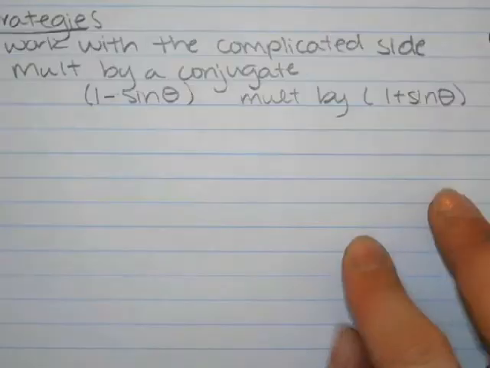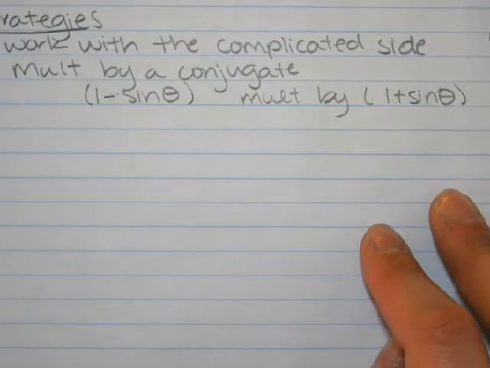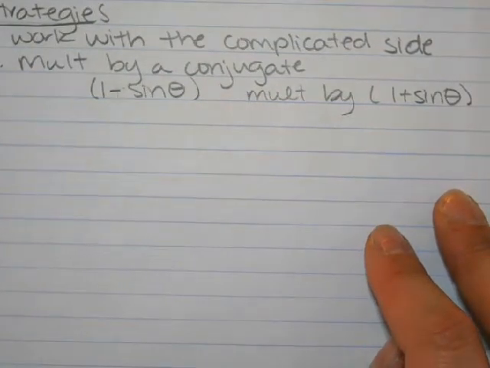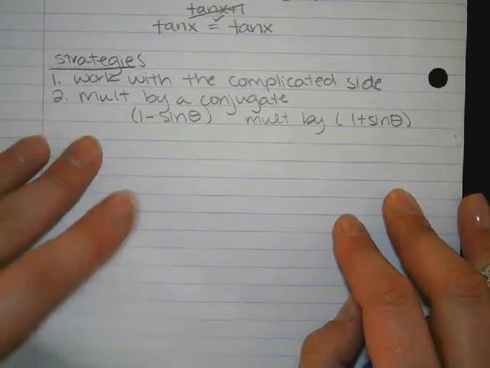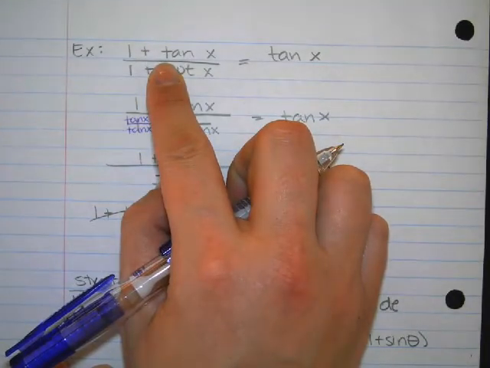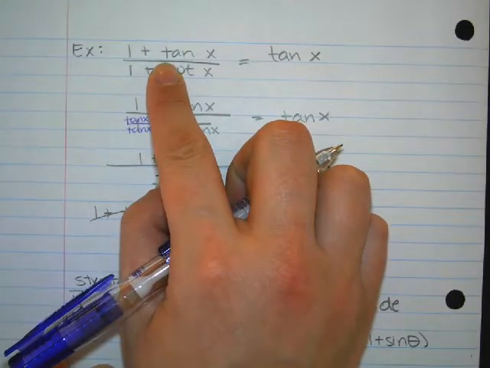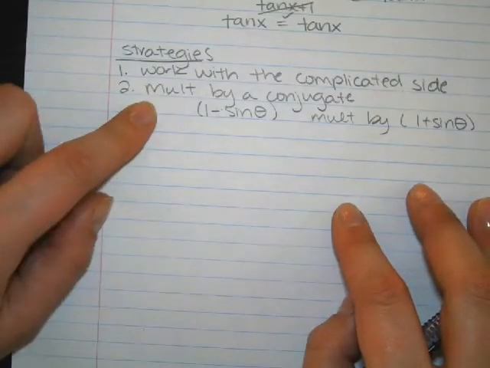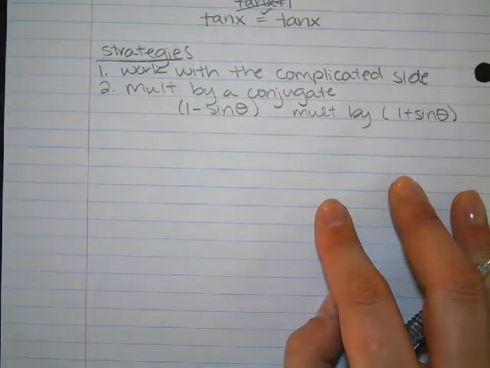And that could work out the same for something that said 1 plus tangent theta. It could work out the same for cos theta minus 1. But if you notice in the recent example that we did, we had a 1 plus tan x, and 1 plus tan x has a conjugate, and we did not use it. So using a conjugate happens sometimes, but it doesn't work every time.